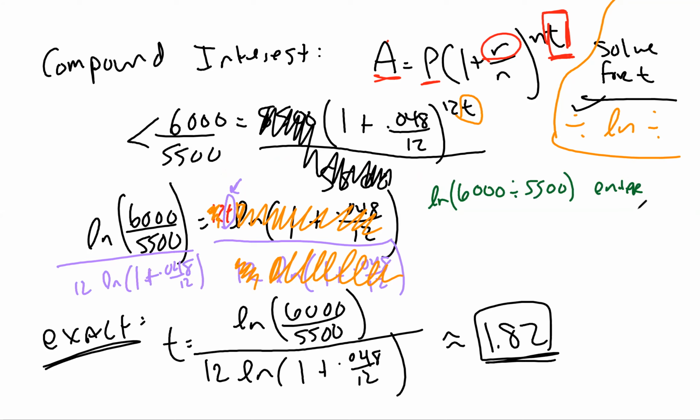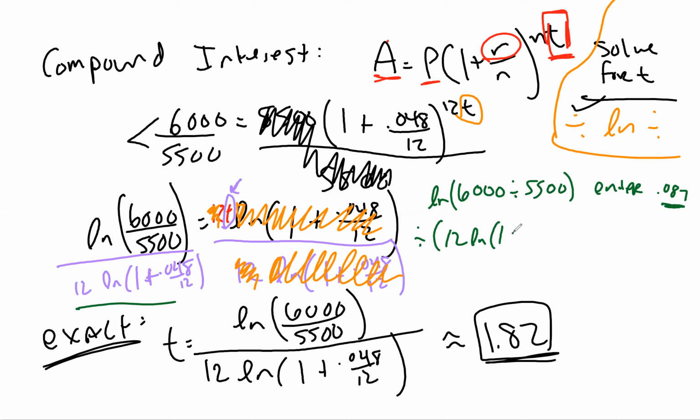If you do that, that gives you like 0.087. But again, don't round it or anything. I'm just making sure that you're getting this. Okay, the next thing that you're going to hit is the division sign. Then you're going to hit a parenthesis. And then you're going to type in this bottom. So 12, ln, a parenthesis already populates.